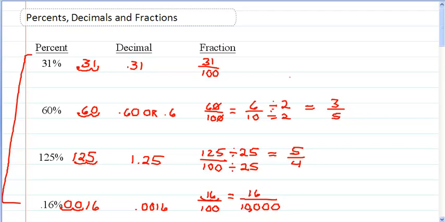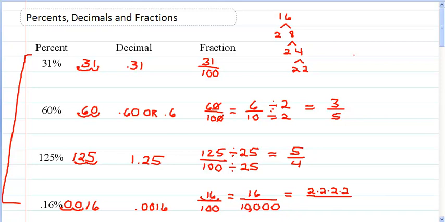I'm going to come up to the top of the screen and write the prime factorization of 16. The prime factorization of 16 is 2 times 8, 2 times 4, and then 2 times 2. So I'm going to rewrite 16 as its prime factorization, which is 2 times 2 times 2 times 2.